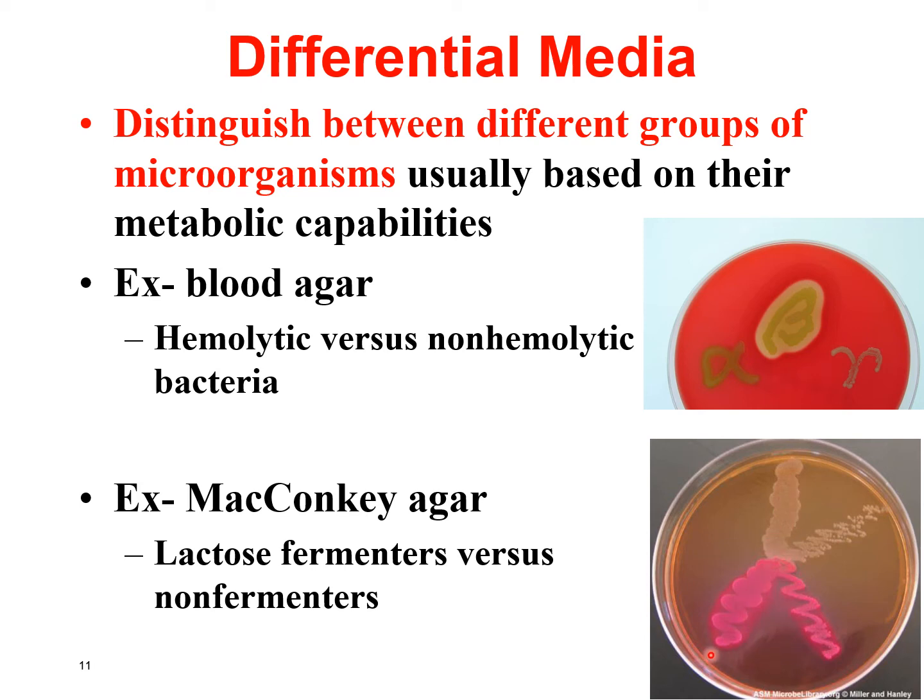Those that are able to ferment lactose, so they're able to break down lactose as a food source, will actually turn pink. So when they break the lactose down by fermentation, they produce some acid, which changes the pH, and there's an indicator that will turn red. And if the gram-negative bacteria aren't able to ferment the lactose, then they don't change color. Okay, so that would be a differential media. They differentiate between different groups of microorganisms.